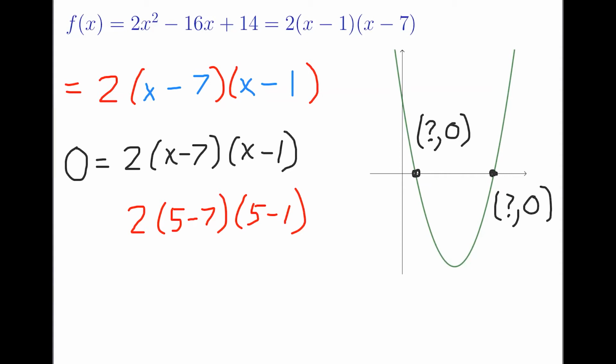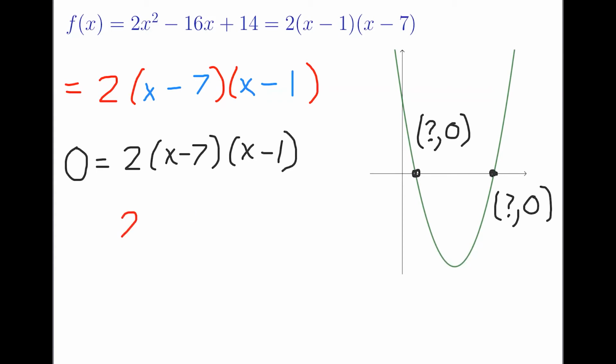It's not 0 because this 2 is just a 2. 5 minus 7 is negative 2. 5 minus 1 is 4. And since none of those individual factors is 0, the entire product can't possibly be 0. If we were to plug in something like x equals 8, same kind of story.